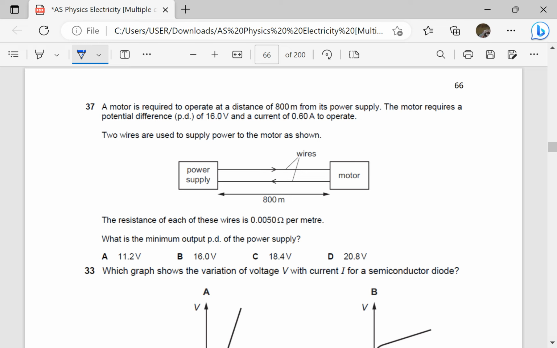A motor is required to operate at a distance of 800 meters from its power supply. So it means the length of the wire is going to be 800 here plus 800 there, giving a total length of 1,600. So the total length is 1,600.